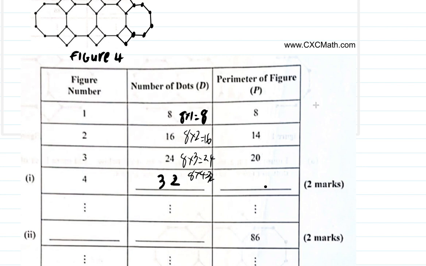But here now, what happened? 8 times 1 equals 8. 8 times 2 is 16, minus 2. This is 8 times 3, which is 24, minus 4. So it seems as if this should be 8 times 1 minus something, which would be minus 0.